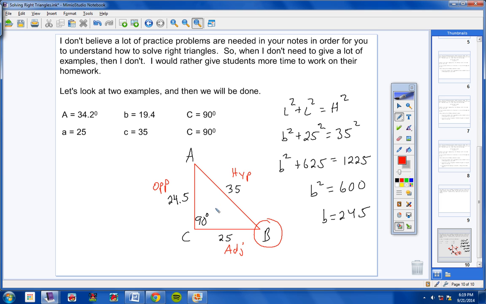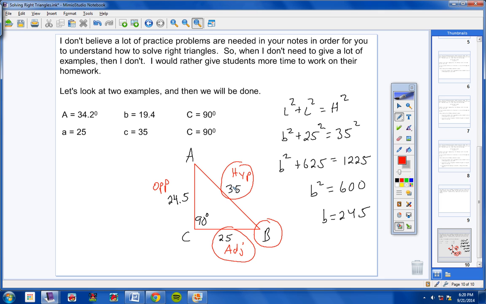Now, listen, students. If we're going to solve for angle B, which we are, we need to use a trig function. You're welcome to use the opposite side, but notice the opposite side has 24.5, and that's a decimal. You're welcome to use this side, but it's going to be a pain. I'm going to use these two sides here because they're whole numbers. It's just common sense and thinking it through.